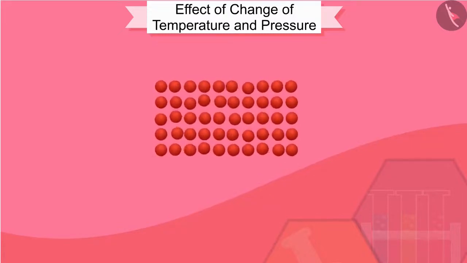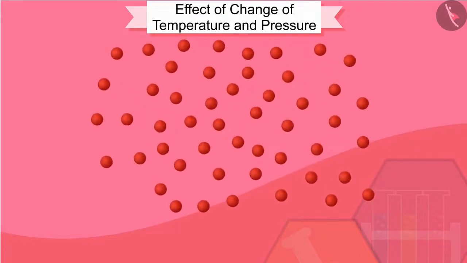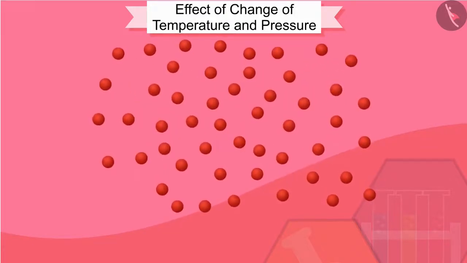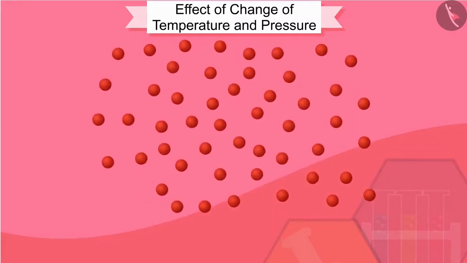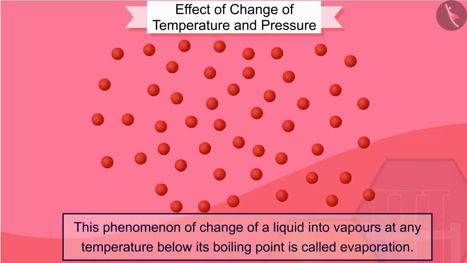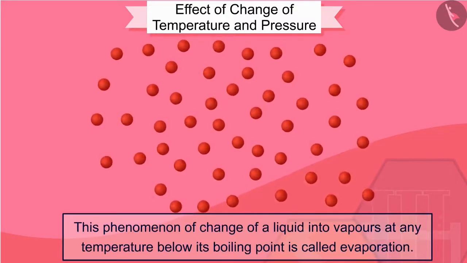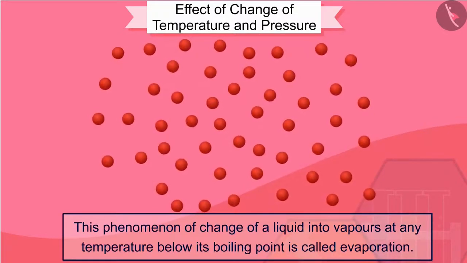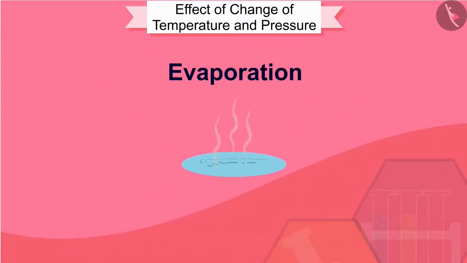In the case of liquids, a small fraction of particles at the surface having higher kinetic energy are able to break away from the forces of attraction of other particles and get converted into vapor. This phenomenon of change of a liquid into vapors at any temperature below its boiling point is called evaporation.